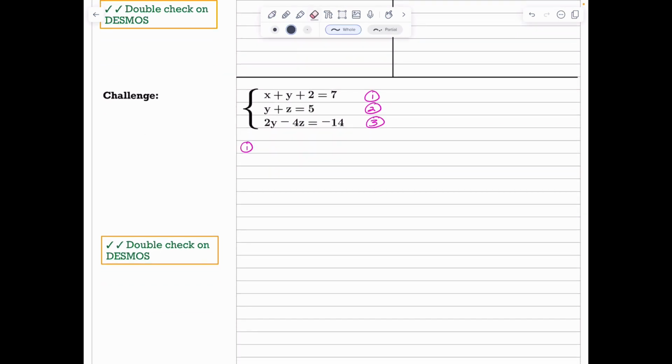Equation 2 and 3. I'm going to solve both of those for y. So equation 2, I'm going to subtract z from both sides. And equation 3, I'm going to solve for y also. Add 4z to both sides.